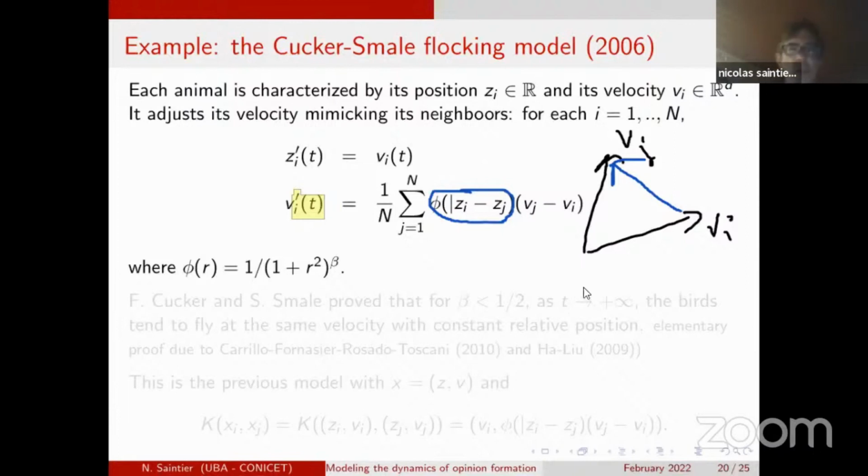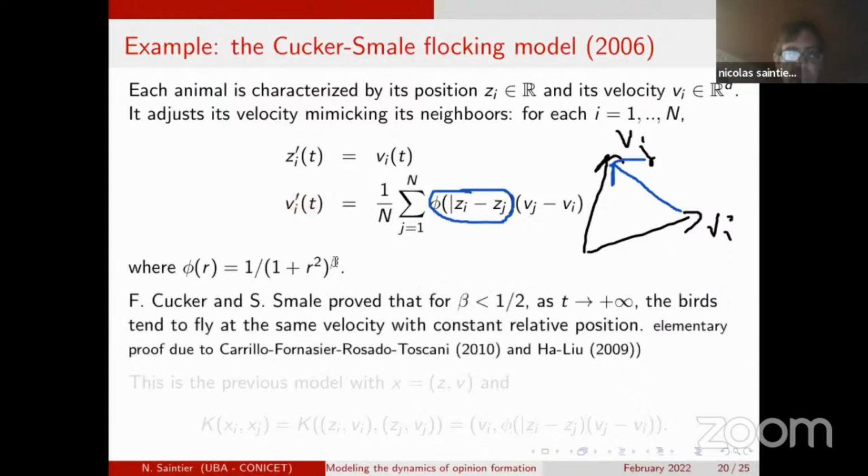And what Cucker and Smale proved in that paper of 2006 is that if beta is low enough, meaning that any individual takes into account in some way the rest of the population, then really all the birds, as time goes by, tend to align their velocity vector and tend to maintain constant relative positions.